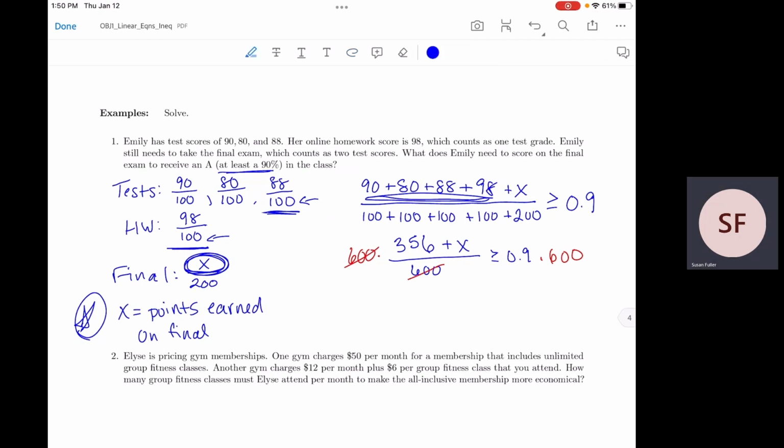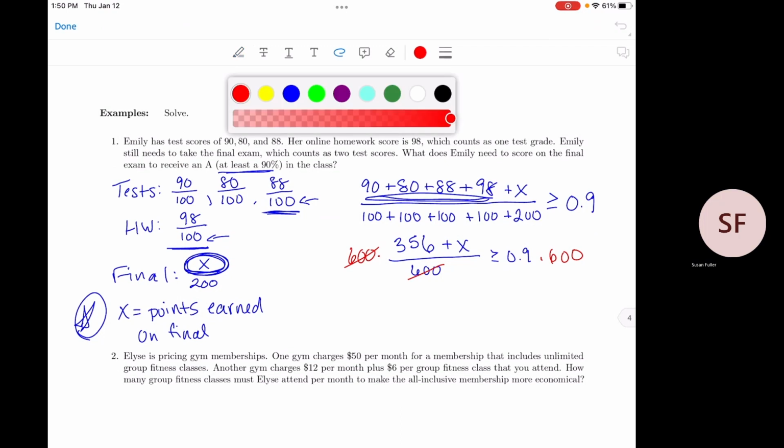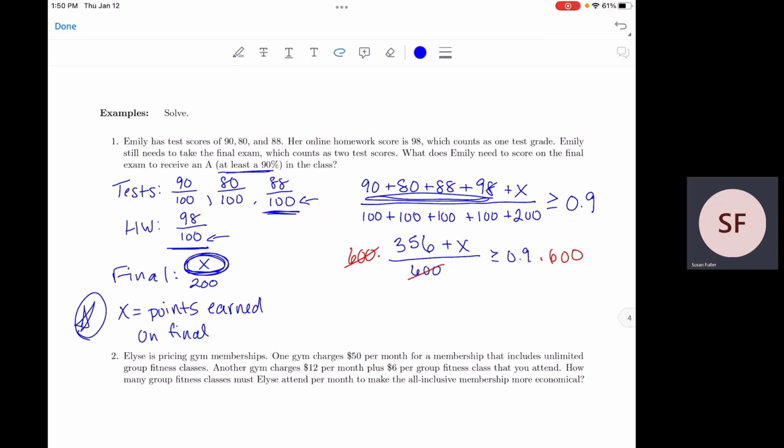And so now I will have 356 plus x left over here. And I'm multiplying by a positive 600, so I'm going to leave that as a greater than or equal to. And 0.9 times 600, that is 540.